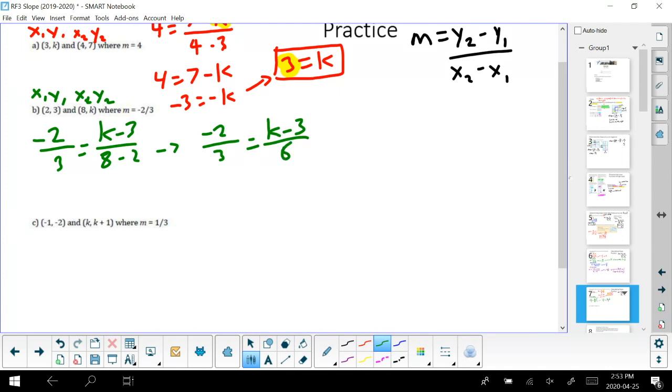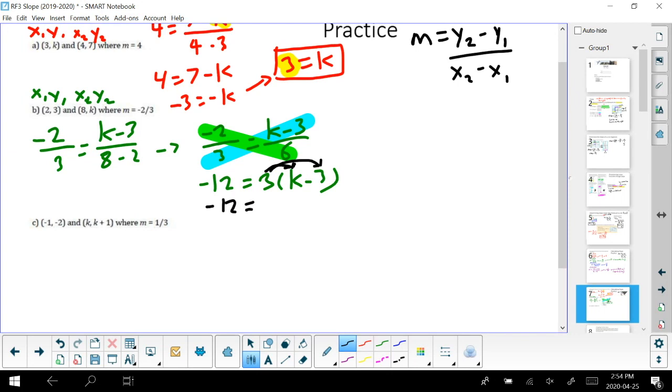So we're going to cross multiply here to get rid of our denominators. So we'll do those two, and then we'll do these two. What that leaves us with is a negative 12 is equal to 3 times (k minus 3). We need to distribute that 3 to both terms inside the brackets.